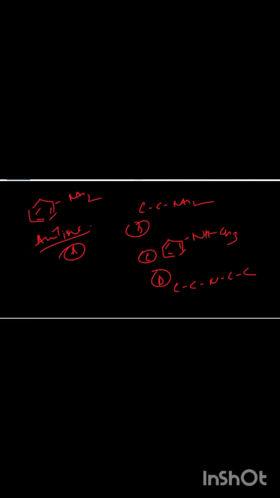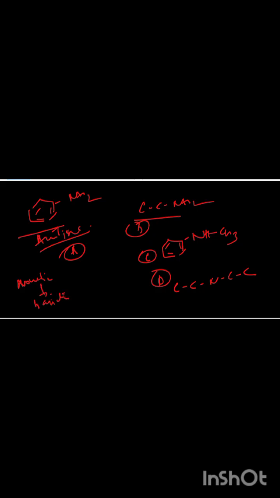aniline. So option A, option B, option C, option D, we have to arrange in decreasing basic strength. So let's see which might have maximum. Between aromatic and aliphatic, aromatic is a benzene ring, aliphatic is a carbon chain. Always aromatic compounds have less basicity.